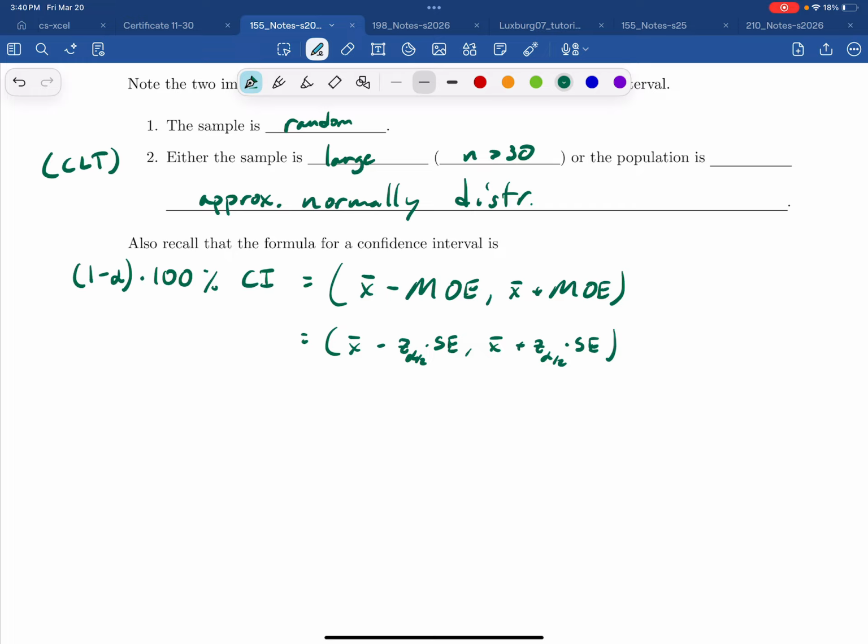And just a quick recollection that the standard error, of course, is the standard deviation, which is the population standard deviation in this case, over root n. So we need to know this formula. In theory, in order to calculate the confidence interval, you don't need to know this formula because you can just plug stuff into Excel.